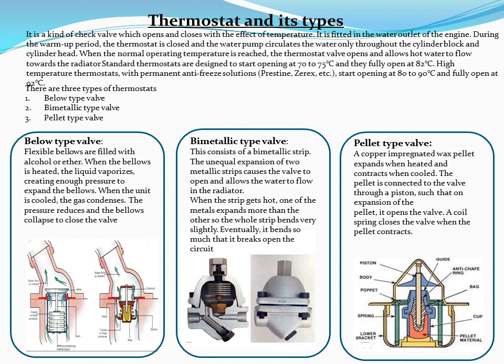Moving on to the third type of thermostat, the pellet type valve. A copper impregnated wax pellet expands when heated and contracts when cooled. The pellet is connected to the valve through a piston, such that on expansion of the pellet, it opens the valve.